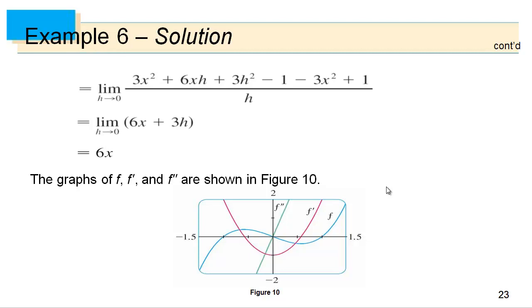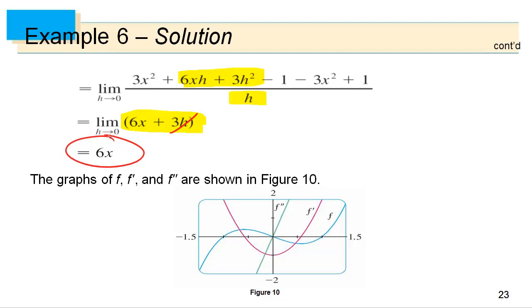You're left with just 6xh plus 3h squared all over h, right? So after everything cancels, you're just left with those two pieces over h. The h's cancel. You're left with this. You take the limit as h goes to 0, which kills off that piece, right? Because 3 times 0. And you're finally left with just 6x.